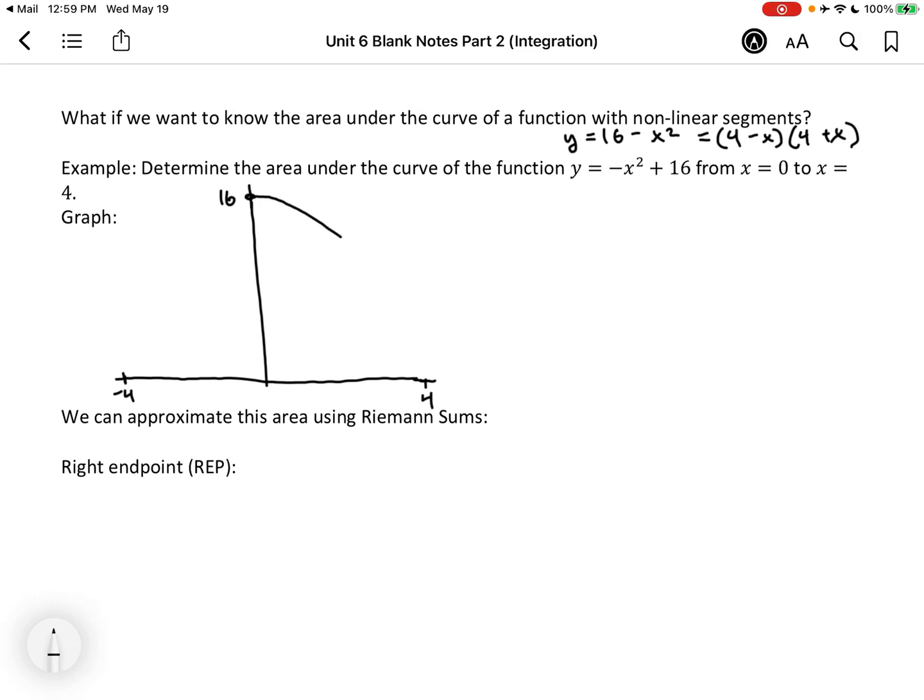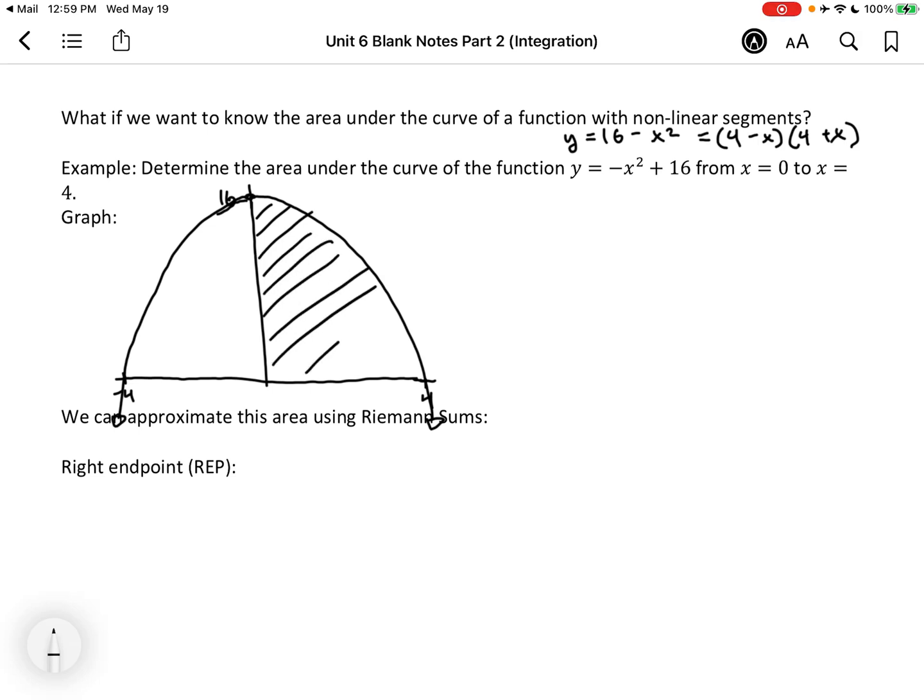So this is what this looks like. It's a little wonky, it's not super symmetrical, but you'll have to go with me here.